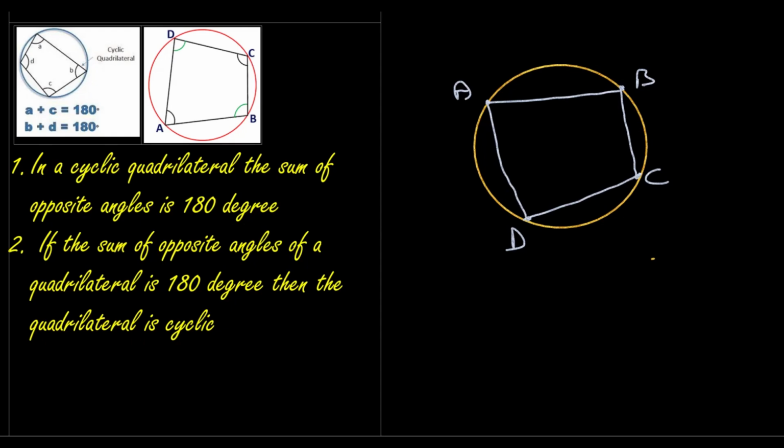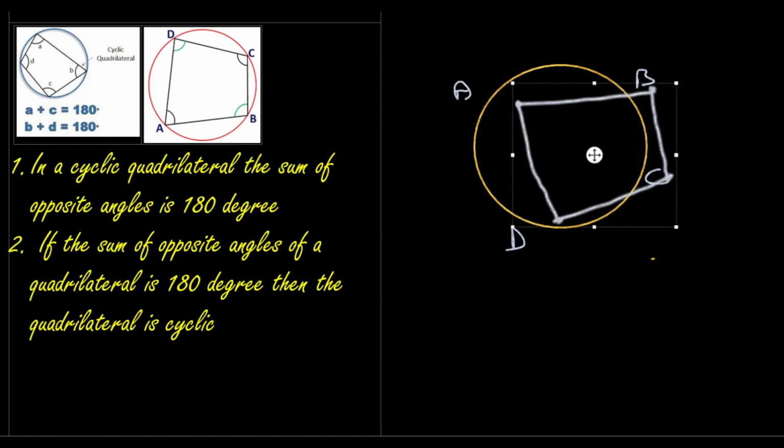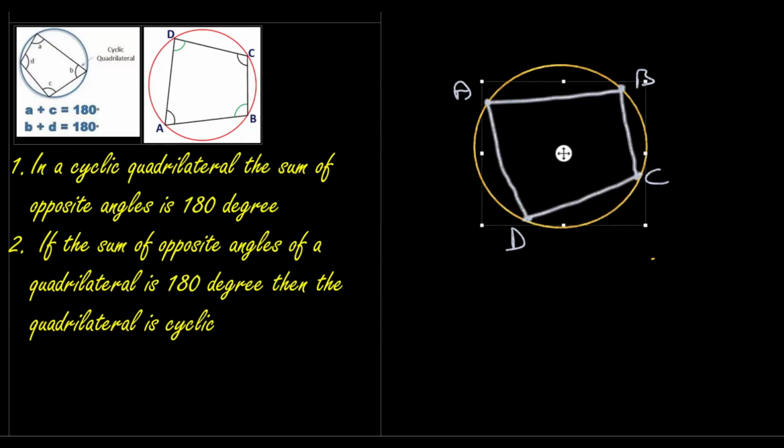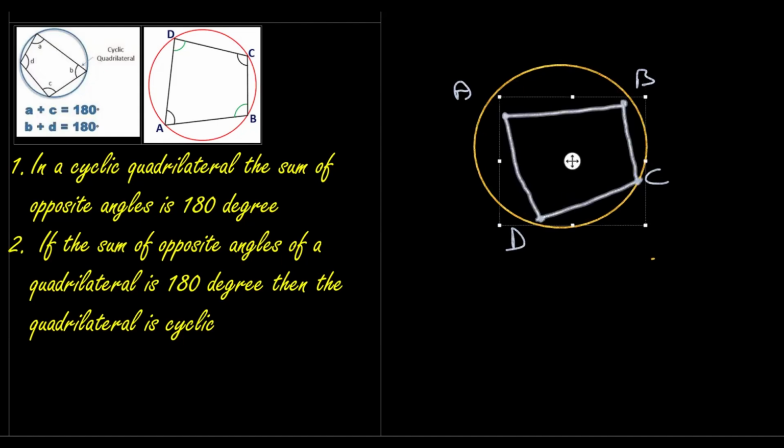Now, when I say it's a cyclic quadrilateral, you should remember that all four vertices should be on this circle, and not inside. Like in this case, if I displace it slightly, even if three points are on the circle and one is in the interior of the circle, it's not a cyclic quadrilateral.